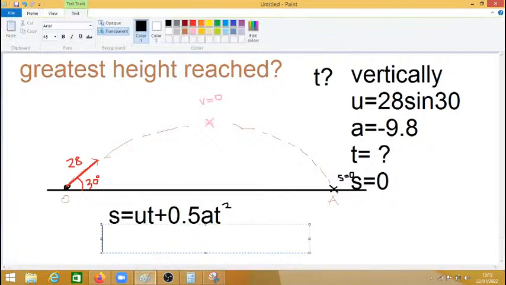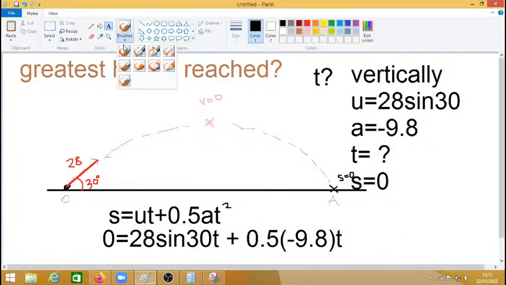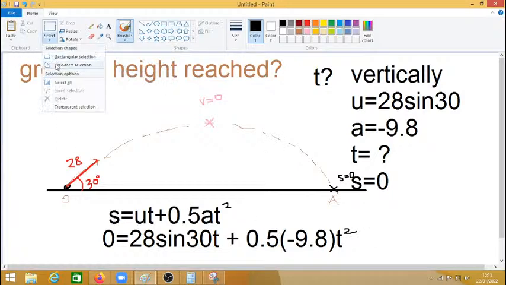So 0 is equal to 28 sine 30 times time plus 0.5 times minus 9.8 t squared. Here we've got a plus and then we've got a minus here as well.